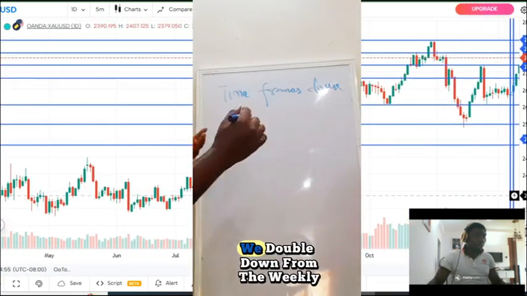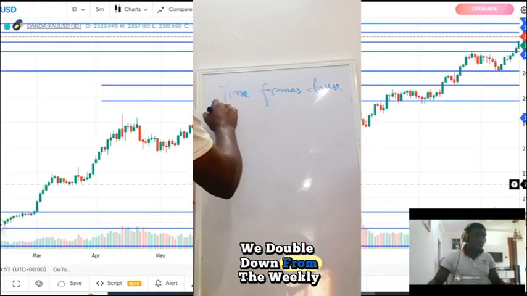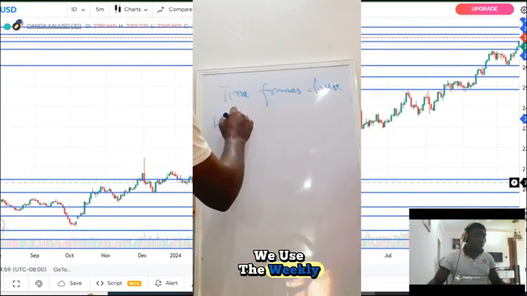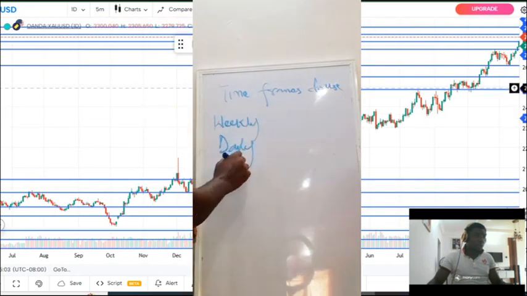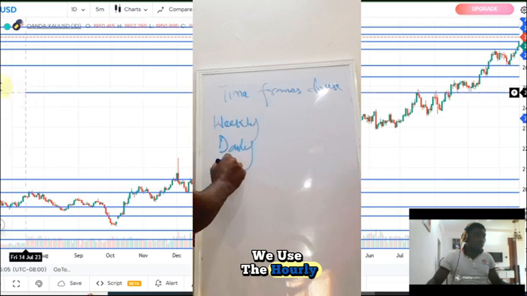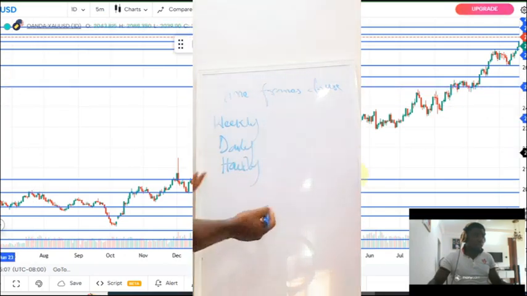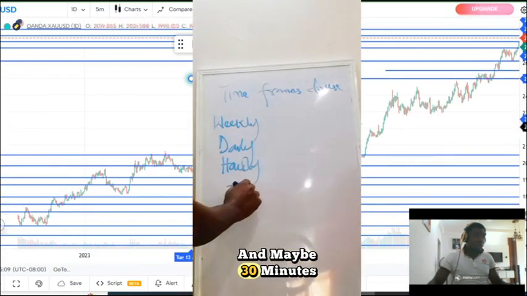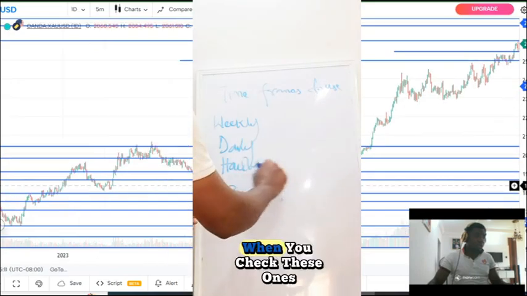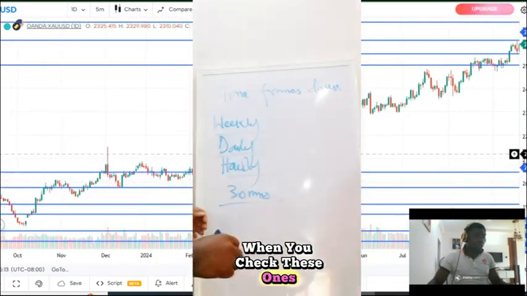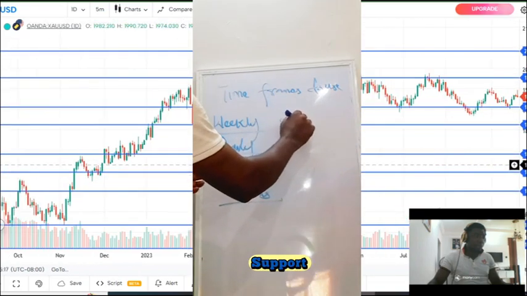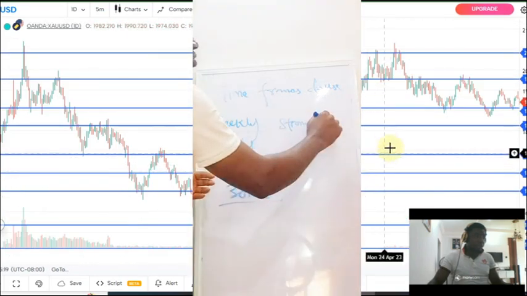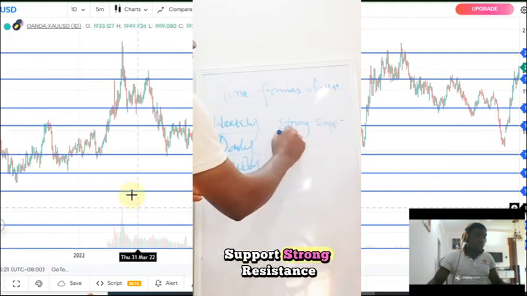We start from the weekly. We use the weekly, we use the daily, we use the hourly, and maybe 30 minutes. When you check these ones, you are going to get strong support, strong resistance.